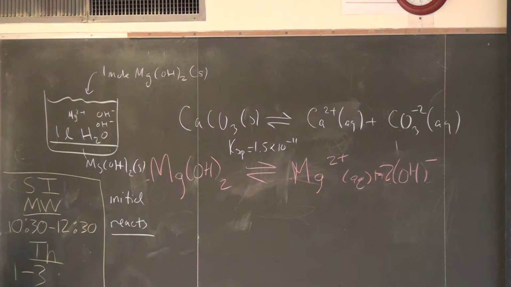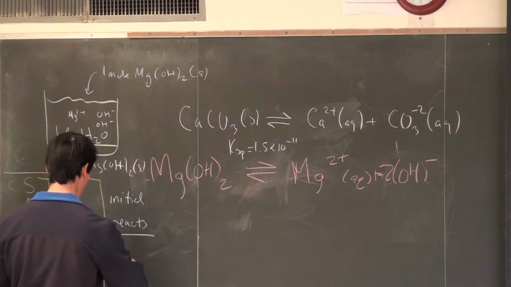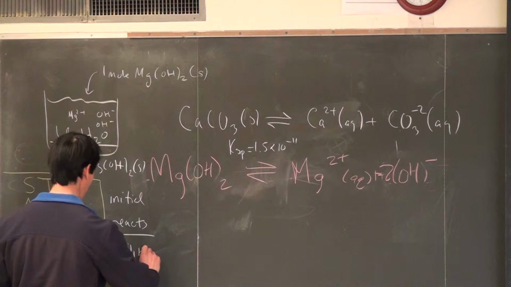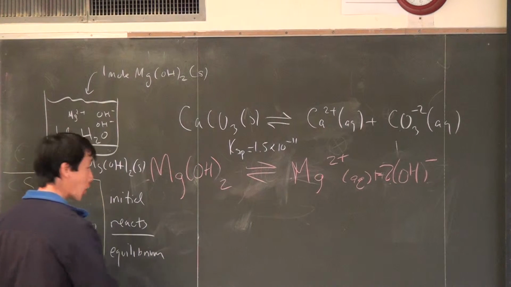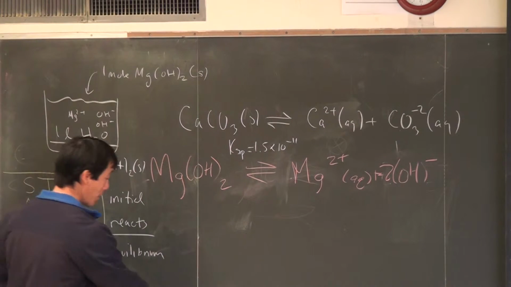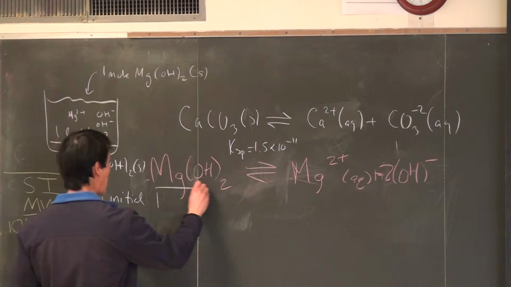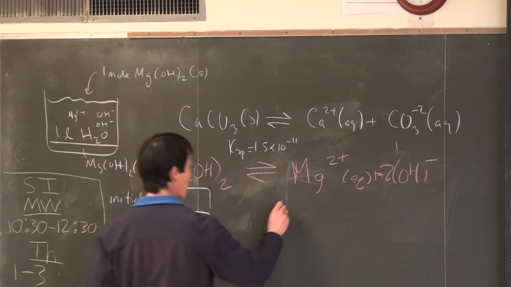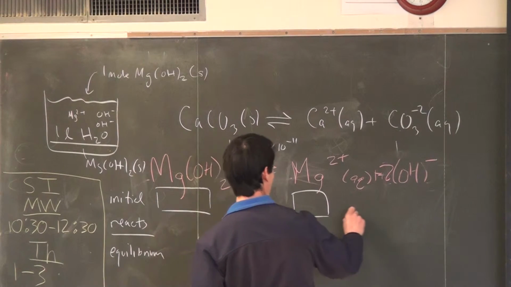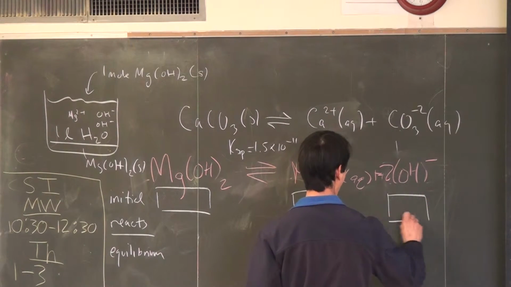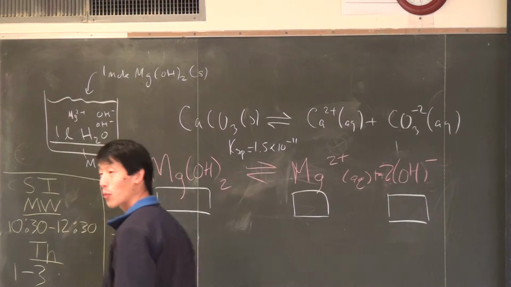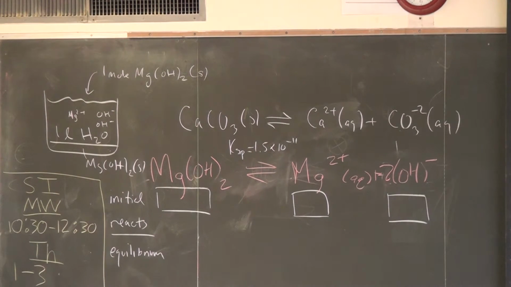And then right underneath that, equilibrium. So all you've got to do now is just fill in the blanks. Okay, so I'll start putting in some blanks, you can fill in the other blanks.